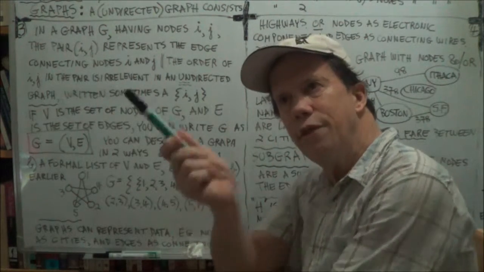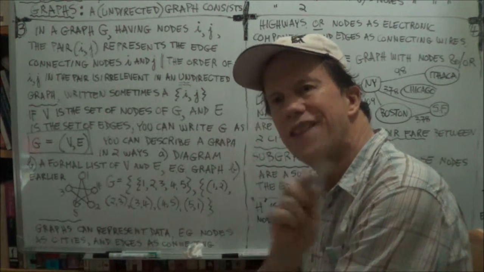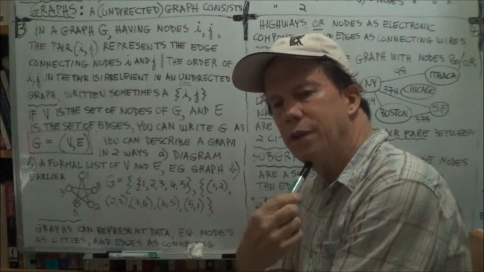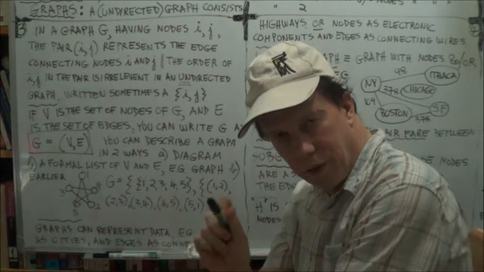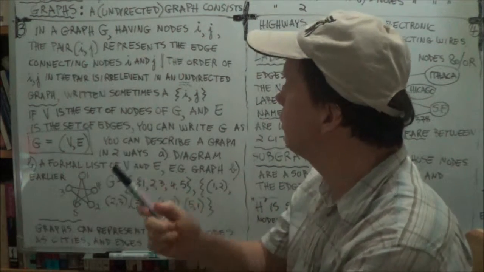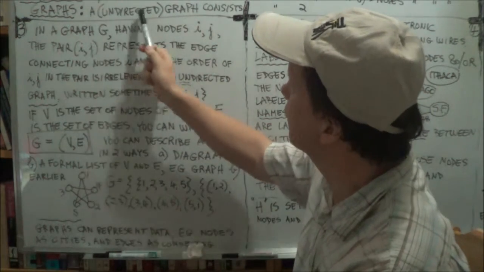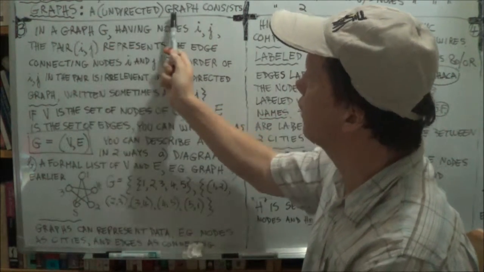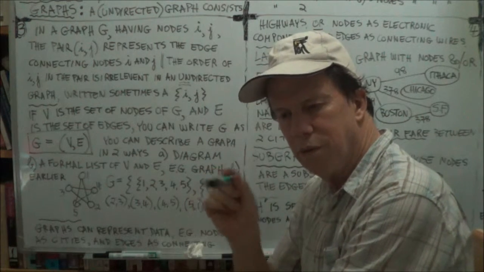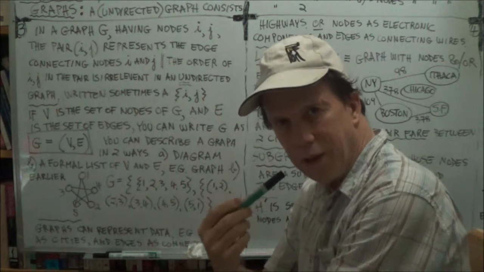So if the direction between nodes is not important, the type of graph is called an undirected graph. I think you can see that. That's an undirected graph. And if the direction between two nodes is important, then it's called a directed graph.